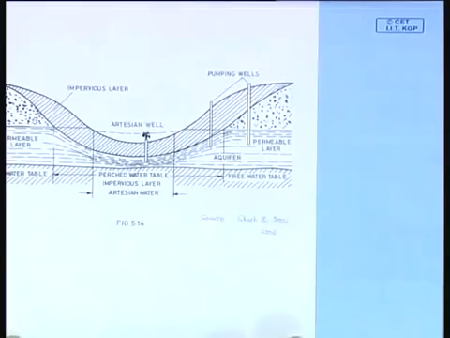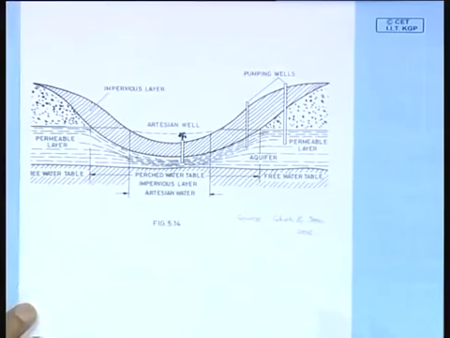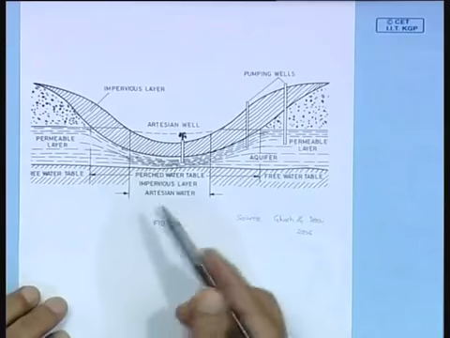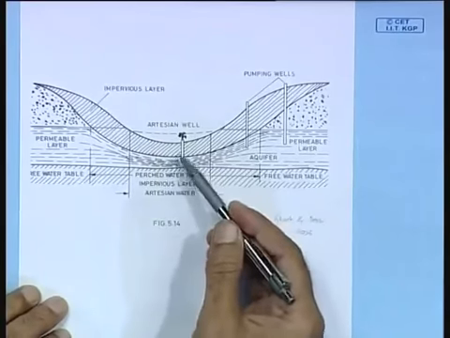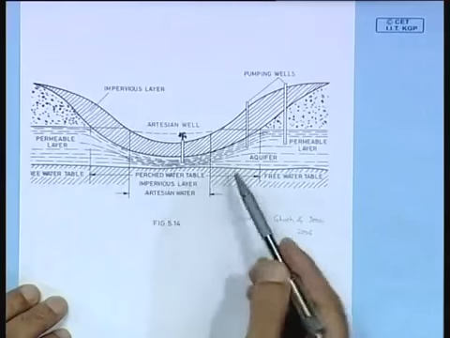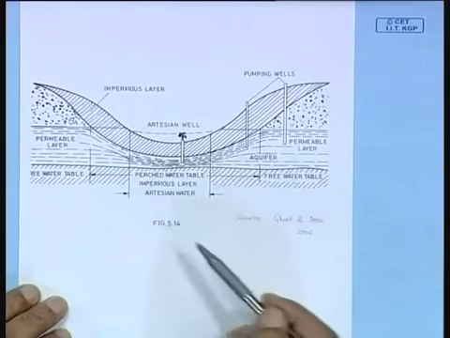And now let me bring to you the artesian well, which you must have heard of. It was developed initially somewhere in France in a place called Artois, and it is basically a pressurized well.